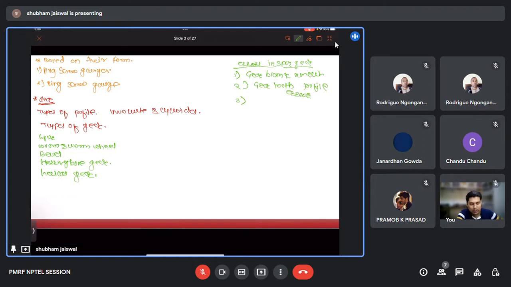The third is gear tooth error. Then we have seen the pitch error, then the runout error, then lead error and assembly error.